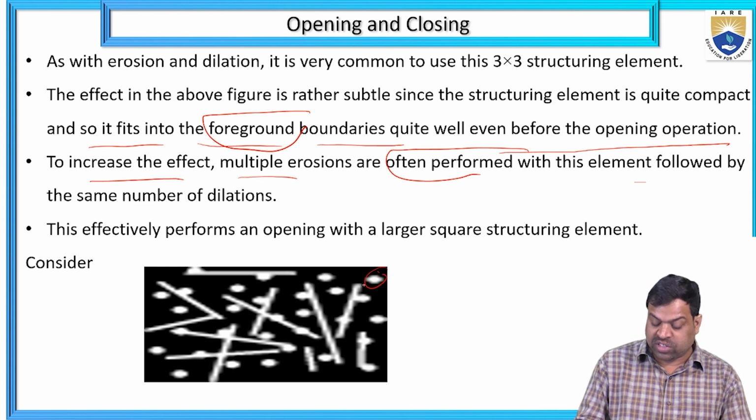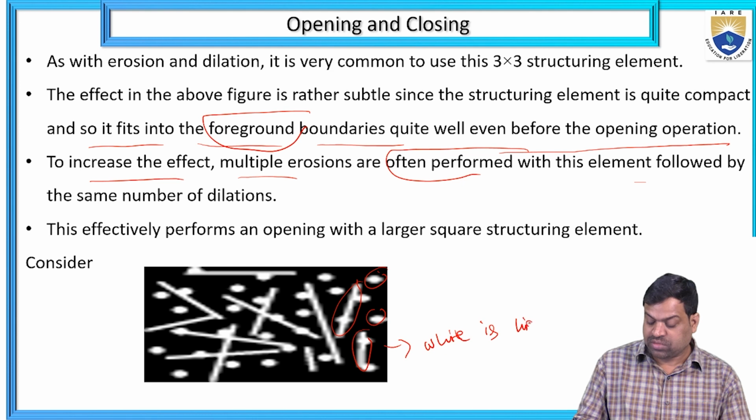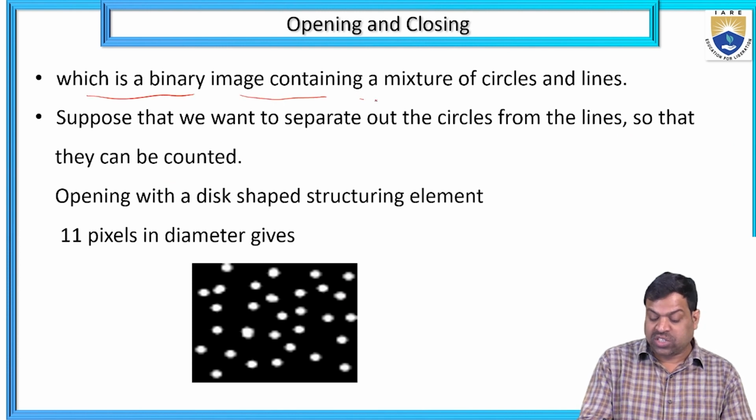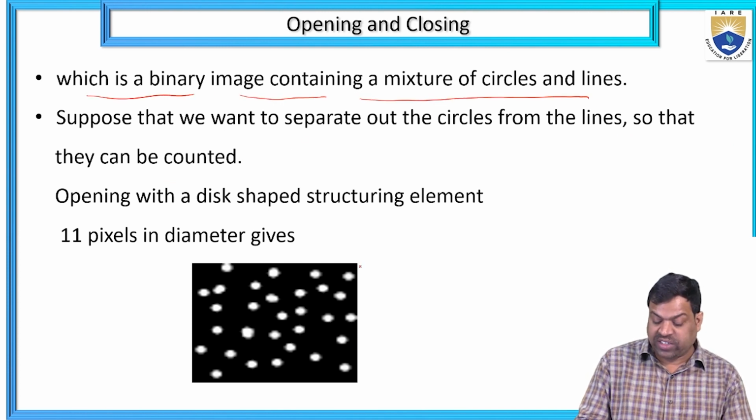Here white is highlighted, which is a binary image containing a mixture of circles and lines. Here is the mixture of circles and lines.